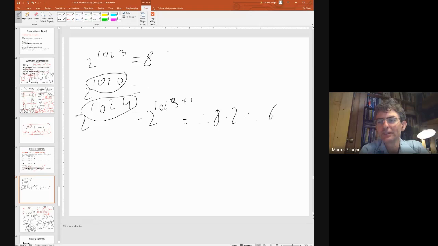You were thinking of Euler's Theorem, so something at a power that is a multiple of the totient would be 1. And why is it not 1? It's equal to 6, not 1. So why?